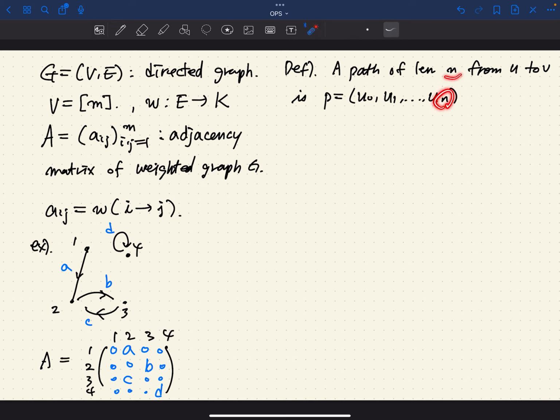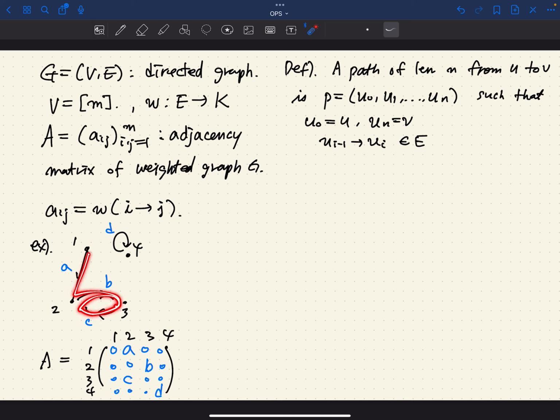That's the length, such that first of all, the first element must be u, the last element must be v, and each (u_{i-1}, u_i), let me write it this way, is an edge for every i.